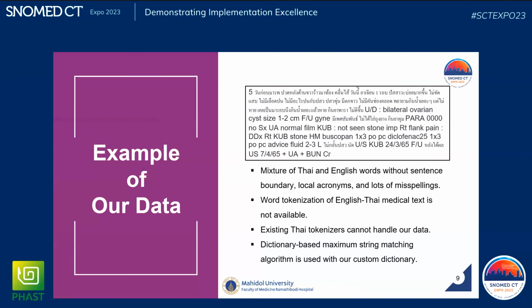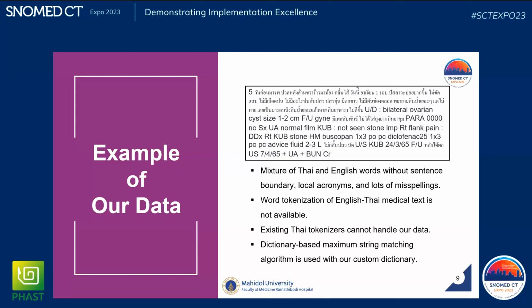So here is a sample of our data. As you can see, not only do they have two languages, they are mixed together, very well blended. You have four words of English and then a series of Thai, and after that ten words of English and then Thai again.